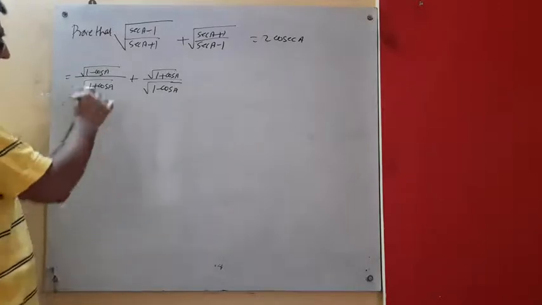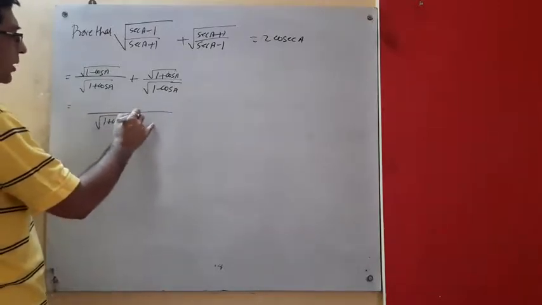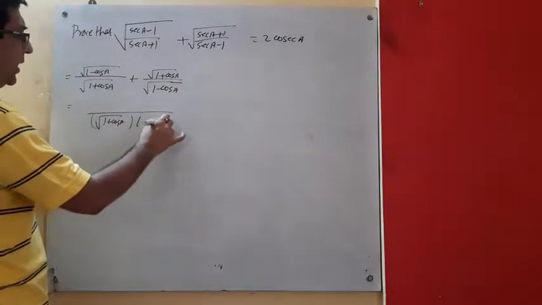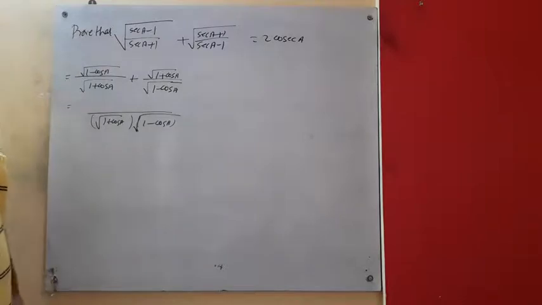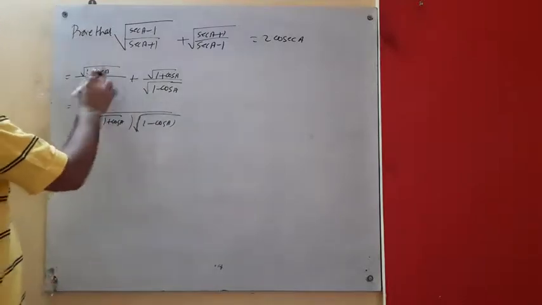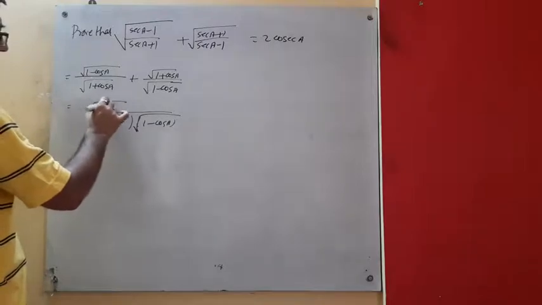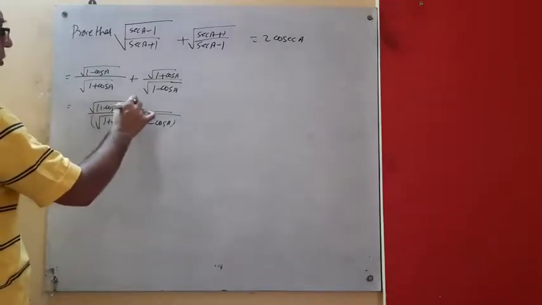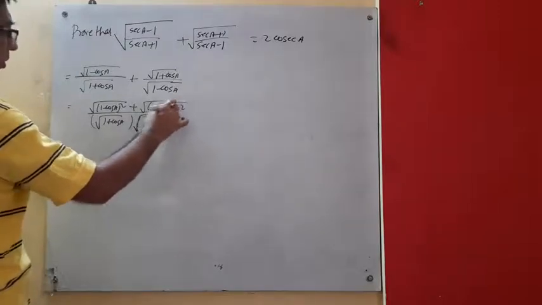So after that, go for the LCM. Cos A into 1 minus cos A, root under. What will we get? This one into this one cancels, this one into this one. So root under 1 minus cos A whole square, and root under 1 plus cos A whole square, right?